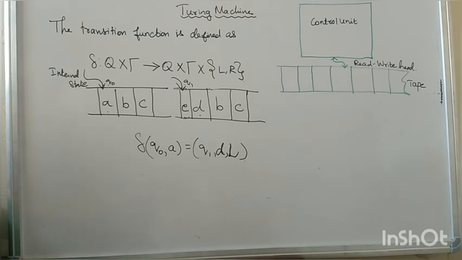A Turing machine is said to halt whenever it reaches a configuration for which the transition is not defined. If the transition is not defined at all, then your Turing machine will reach the halt state. This is about the definitions of the Turing machines.